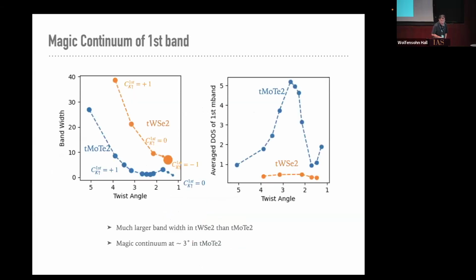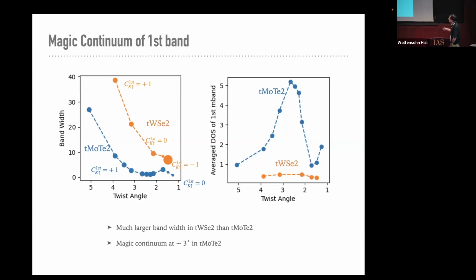All right, so now I want to show you that we have the band structure. Then we can think about what interesting correlated states we can find. First, this figure shows you the bandwidth as a function of twist angle for both twisted MoTe2 and WSe2. You can see again, as we said earlier, that for MoTe2, roughly once you enter 3 degrees, you have relatively narrow bandwidth.